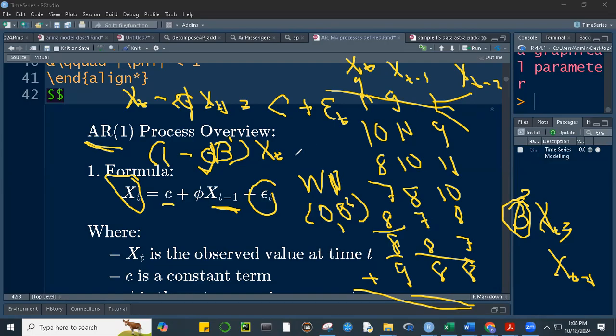So again, class, the AR1 process can be expressed as x sub t is equal to c plus phi x sub t minus 1 plus epsilon sub t, or can be expressed as 1 minus phi B times x sub t is equal to c plus epsilon sub t. So don't be confused, class. Sometimes you'll see this expression, 1 minus phi times B times x sub t, which is equal to c plus epsilon sub t. Let me pause for a while and ask the class if you got this.